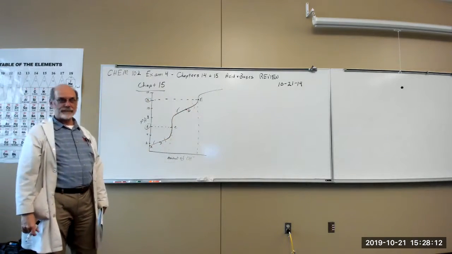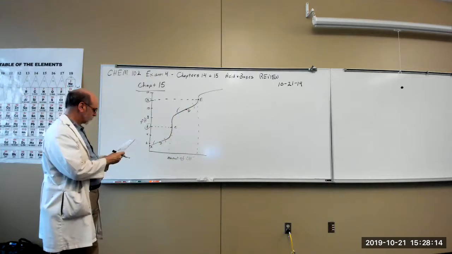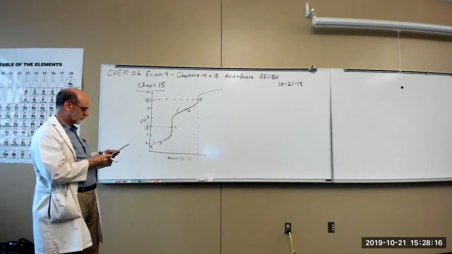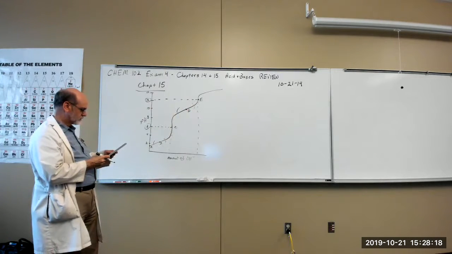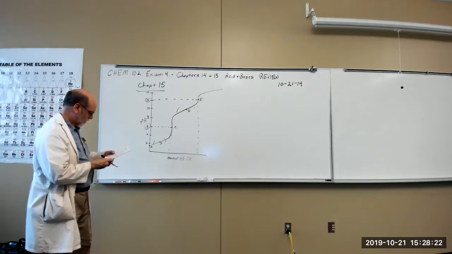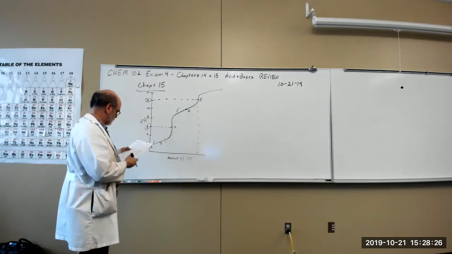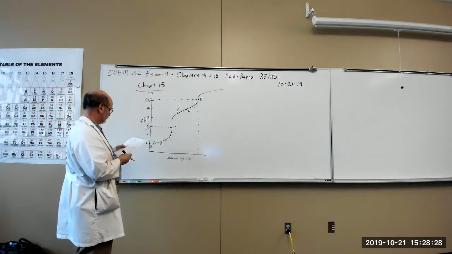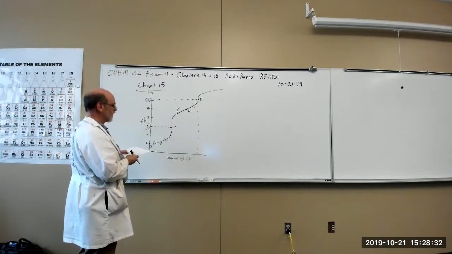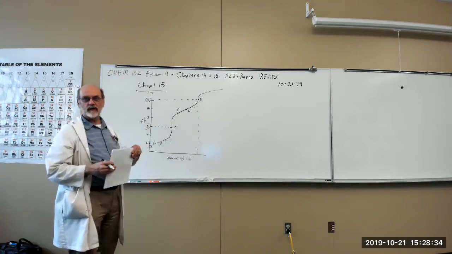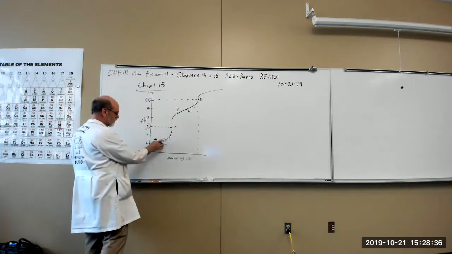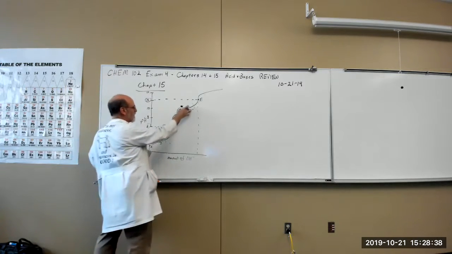Okay? So which would be the best buffer zone to use for this acid? Take your pick. Either one would work. Either the pH 2.5 or pH 10.